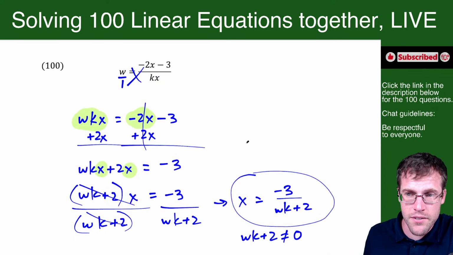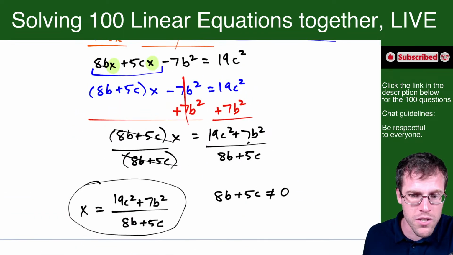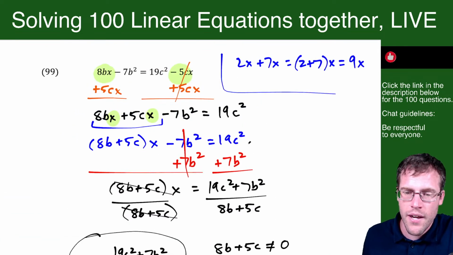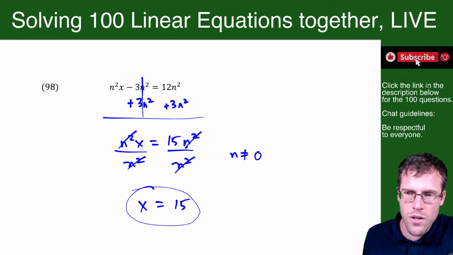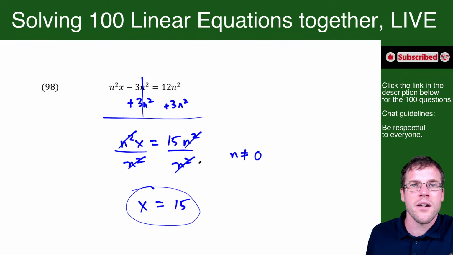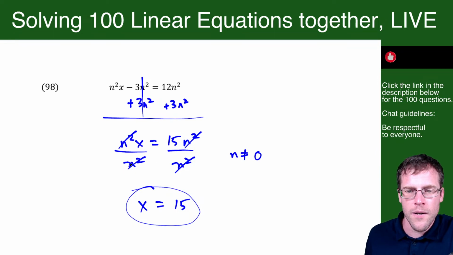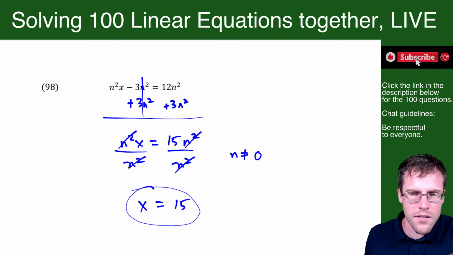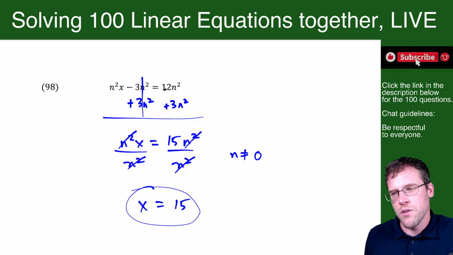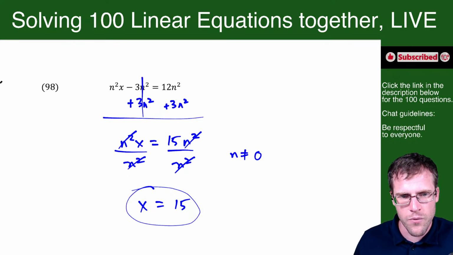If I'm brutally honest, because I'm doing these questions live, I'm looking at some of these questions and thinking about the dividing by the constant step. As long as the coefficient, like for n, is not 0, it's okay.